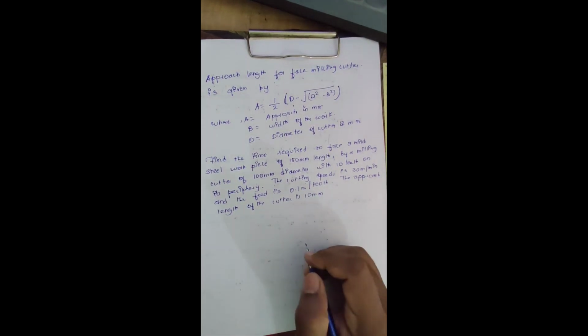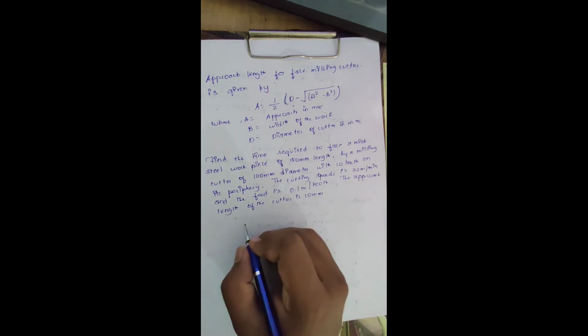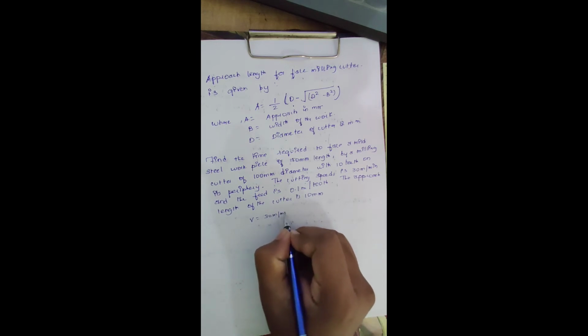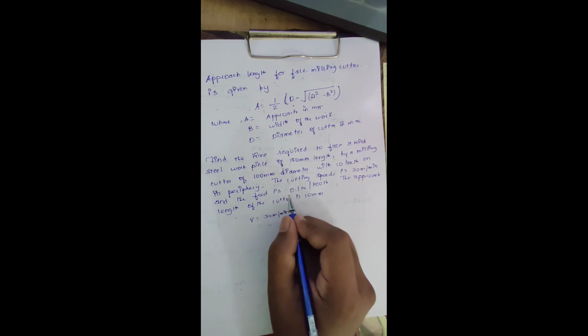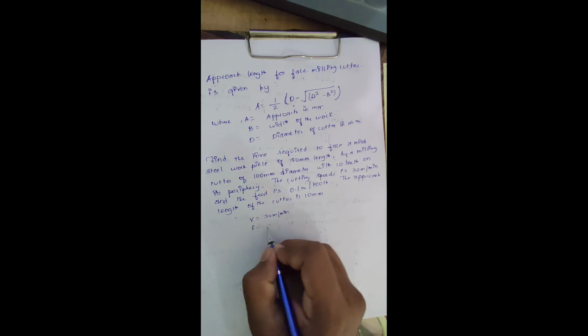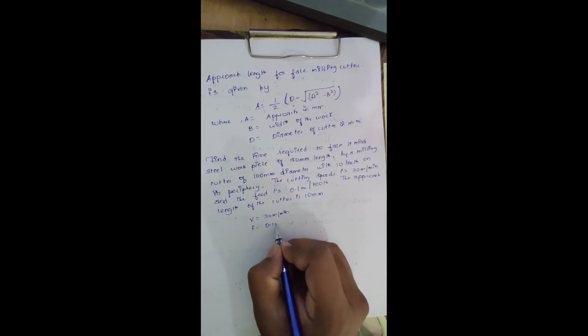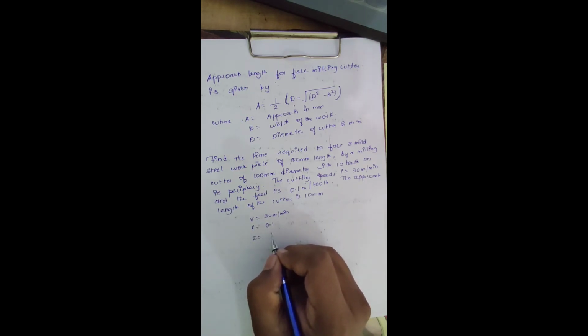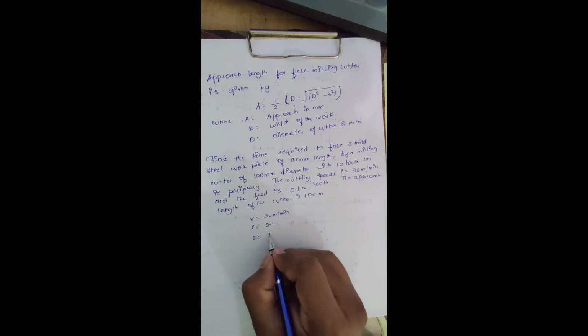First, what is the V? The cutting speed is small v, that is 30 meters per minute. Next, what is the feed? Small f is the feed, that is 0.1. Next is Z, the number of teeth, that is 10.